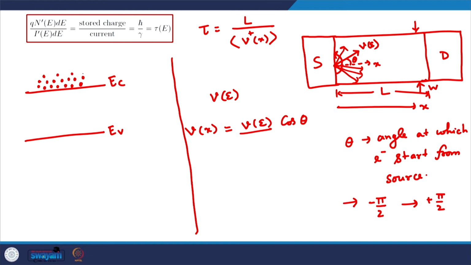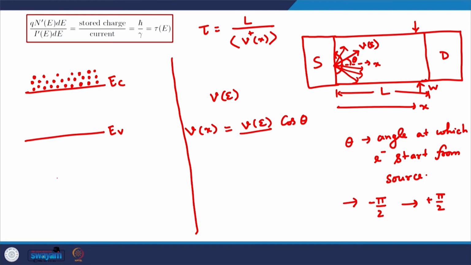Mostly those electrons are transporting across the device. Okay, so, the electrons present in the conduction band are generally traveling through the channel.